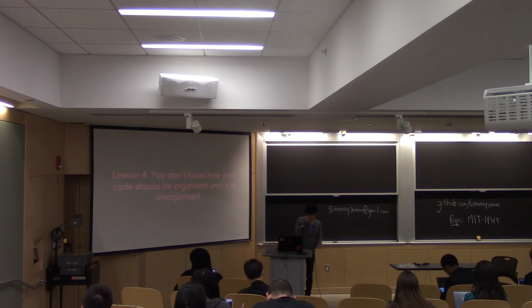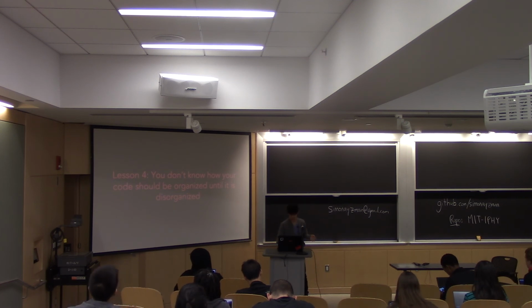Next lesson is you don't know how your code should be organized until it is disorganized. You shouldn't go be like, okay, I'm gonna do this really cool MVC architecture, and every file has one line of code and that's it, and then there's some master file that hooks everything together.